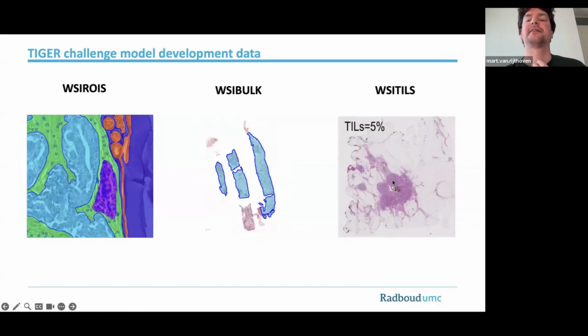And then we also had a set of WSI TILs, which were images that were scored by a pathologist who would give a TIL score to the full slide. And this you could use for maybe calibrating your TIL score, or maybe fine-tuning your TIL score after you produced it from the segmentation and detection output of your models.